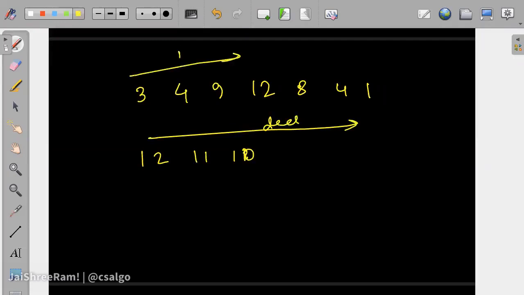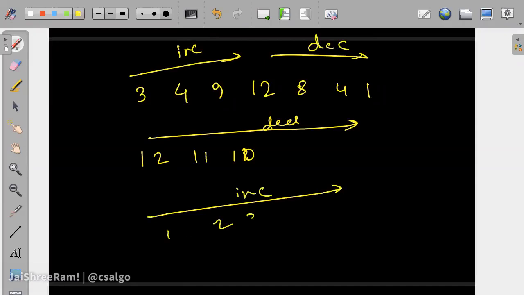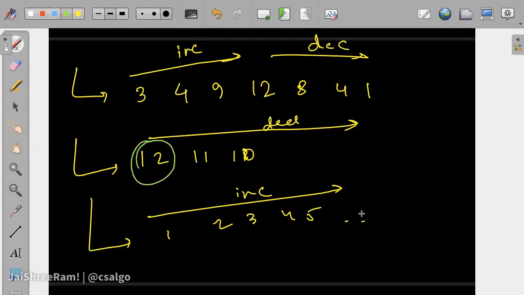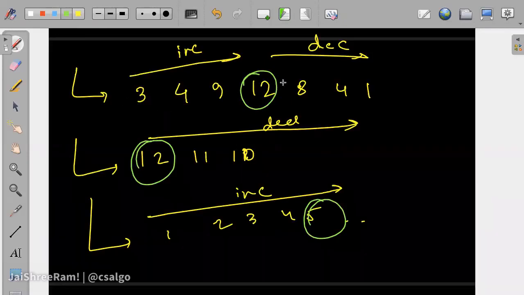This is increasing and then decreasing. It can always increase as well, like 1, 2, 3, 4, 5, 6. This is also a bitonic sequence. So by bitonic sequence, the definition is that there should exist some index such that before that index everything keeps increasing and after that index everything keeps decreasing.